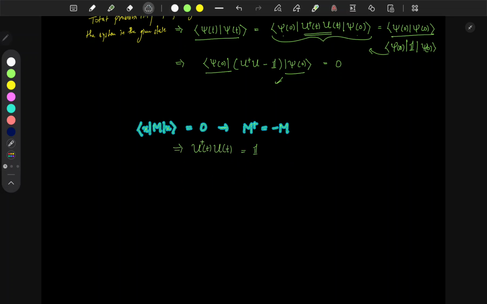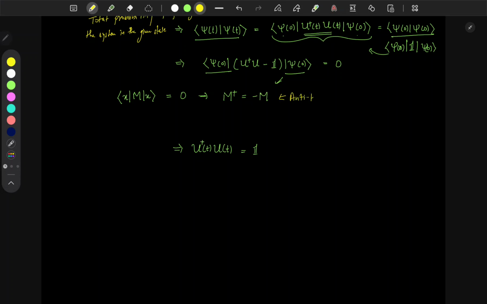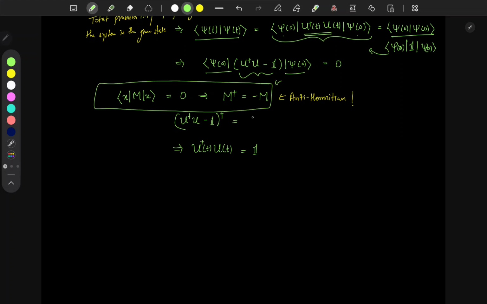We should stick to a single notation. That means m is an anti-Hermitian matrix. So this means that u dagger u minus 1 is an anti-Hermitian matrix. This statement can be proven easily using linear algebra, and maybe you can just do it using matrices.